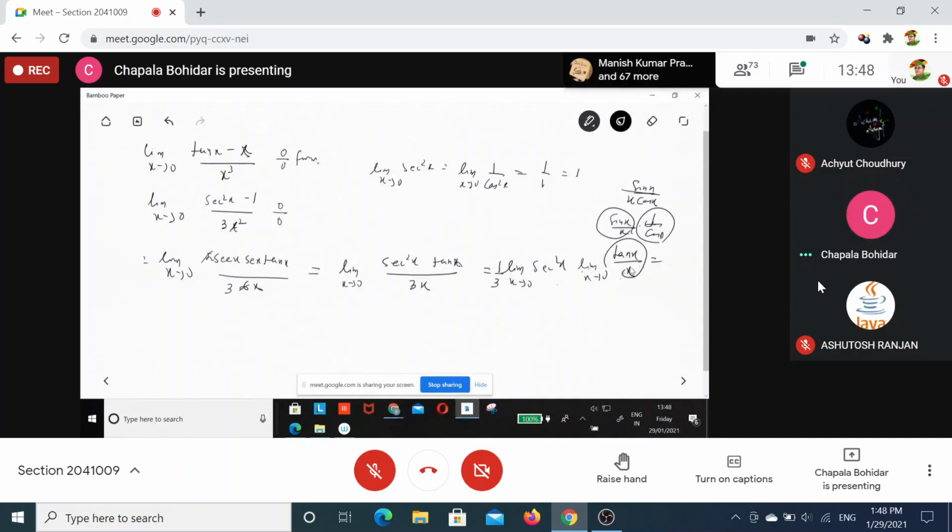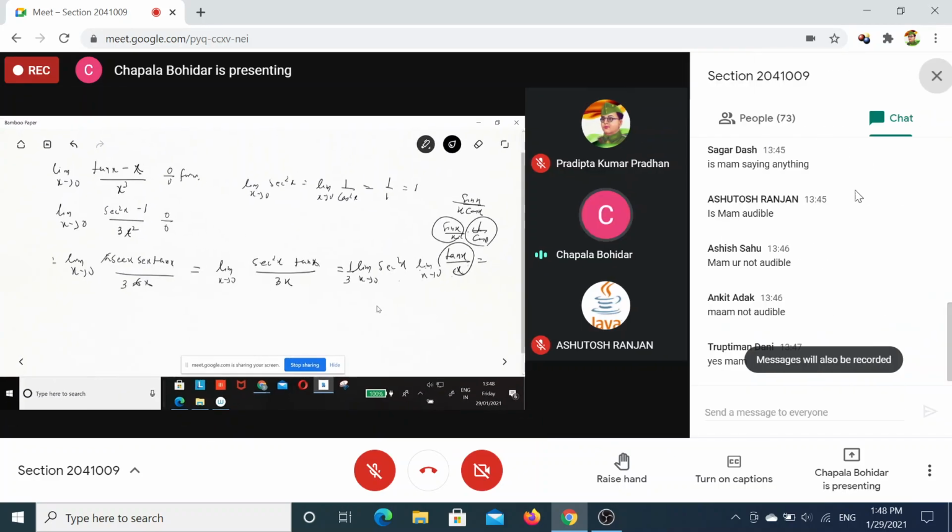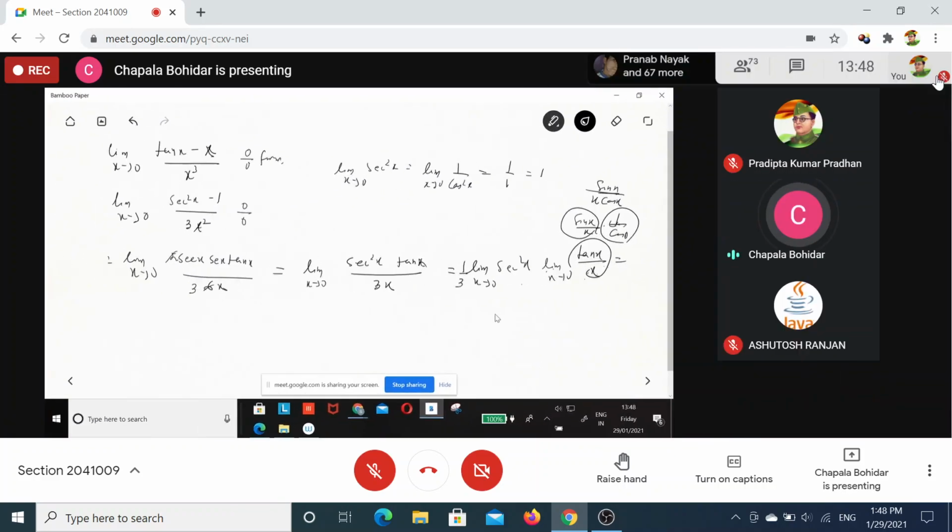Is there anything wrong here? No, ma'am. So what is the value of sec square x? That is 1. And as x tends to 0, tan x by x, I have written it in this form, that is also 1. So what result am I getting? 1 by 3. Yes, it is equal to 1 by 3.